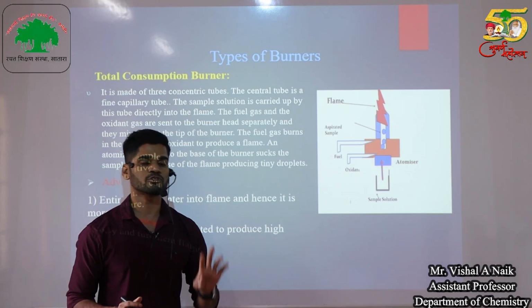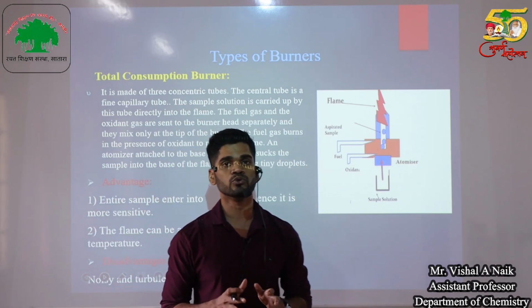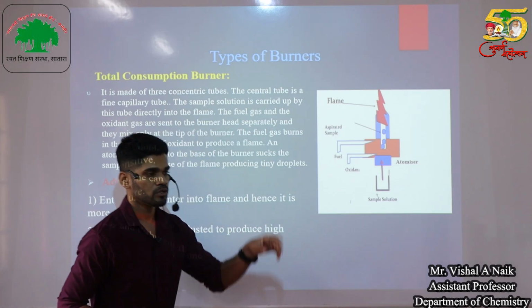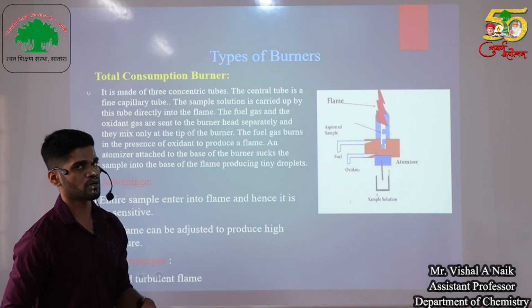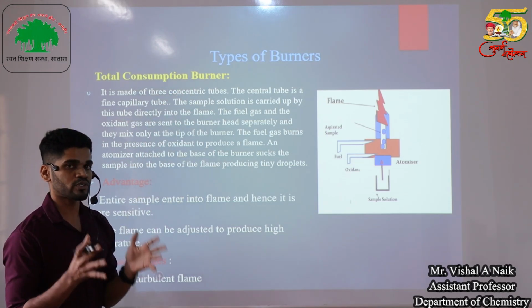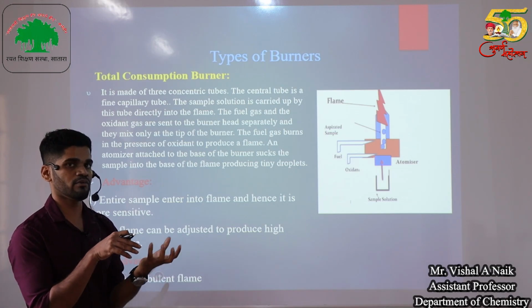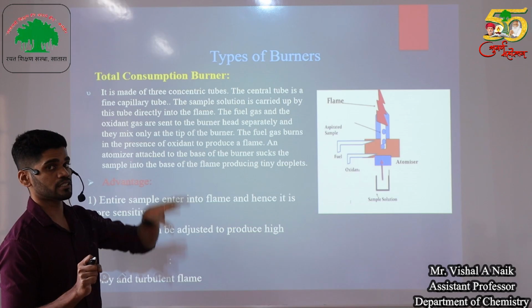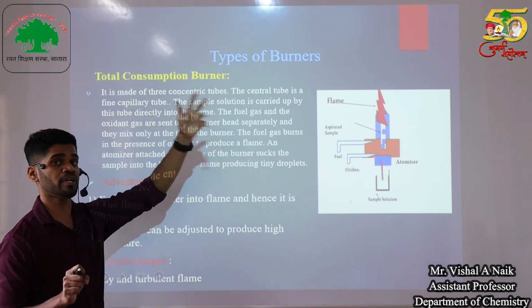Two types of burners we generally use, that is the total consumption burner and the premix burner. So this one is a total consumption burner. As the name suggests, total consumption means the total sample present in our sample container is aspirated into a flame. In this diagram we see three concentric tubes, from which fuel is introduced and oxidant is introduced, which burns the flame. Then the sample, which is attached to the atomizer, is sucked from here and aspirated into a flame. So the maximum amount of sample gets aspirated into a flame.